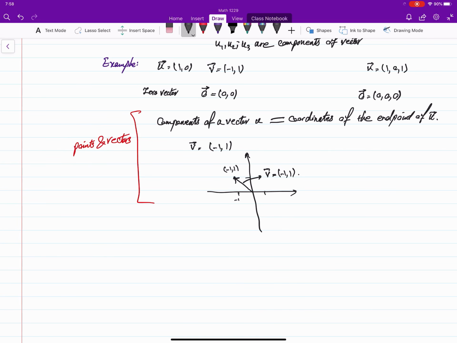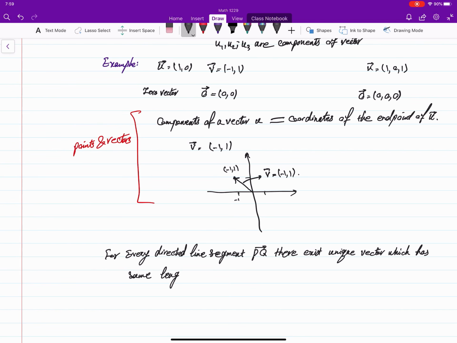But there's also something else: for every directed line segment, let's say PQ, there exists a unique vector which has the same length and direction as PQ.